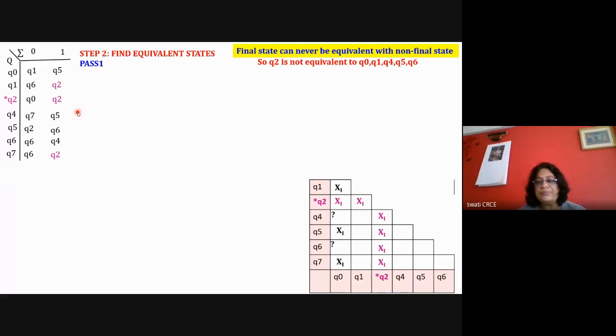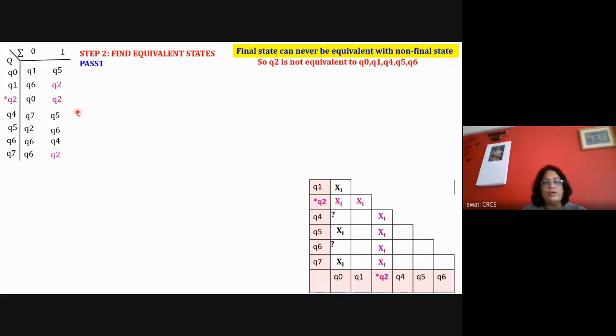Refer to the diagram and table, and write down the two states that I have to consider to find out the equivalence. Q1 and Q4. Okay.